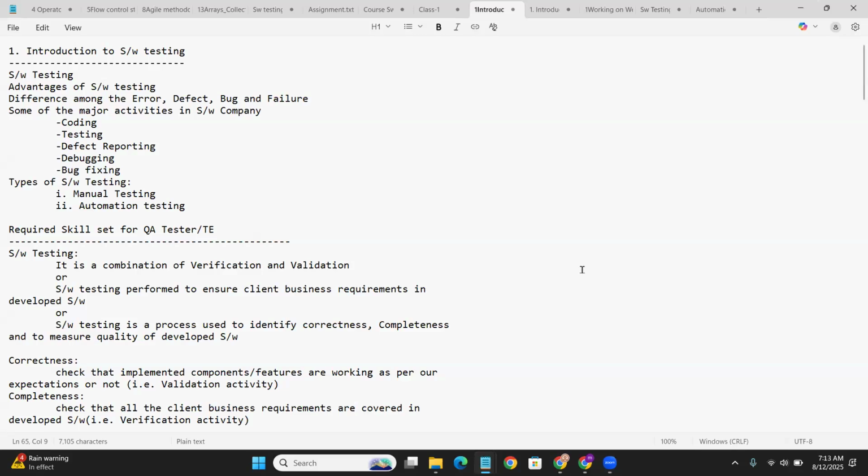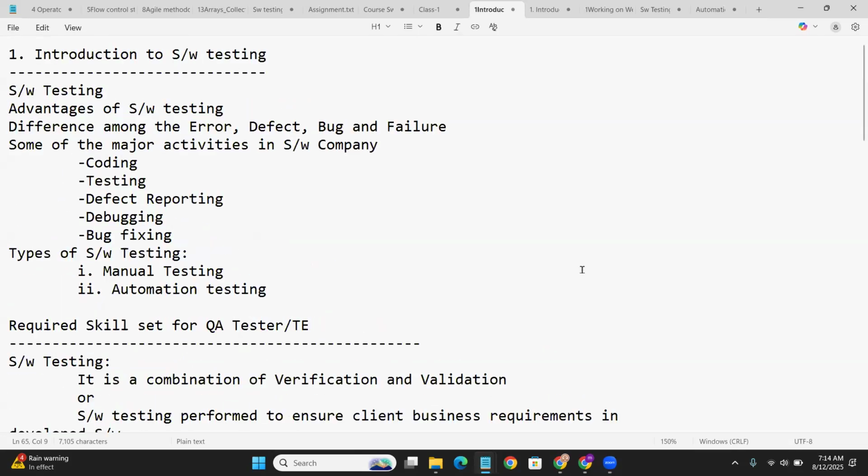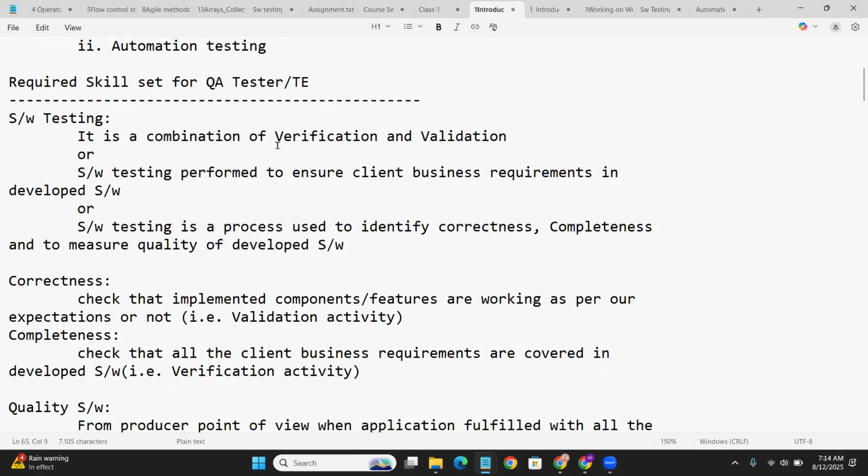In the last session, we started the introduction to software testing, the very beginning topic. Generally, software testing has a technical definition: it is a combination of verification and validation.